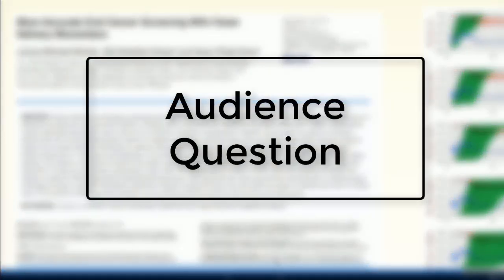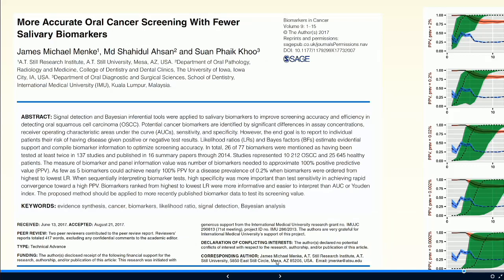I kind of used AUC as an after-the-fact verification, but the likelihood ratio was the primary indicator of information value.